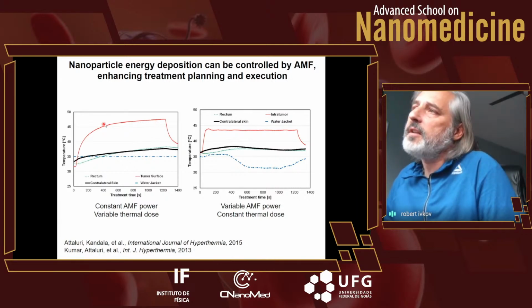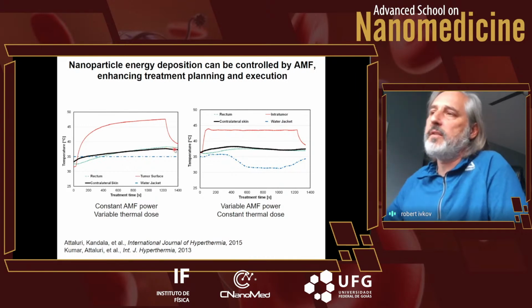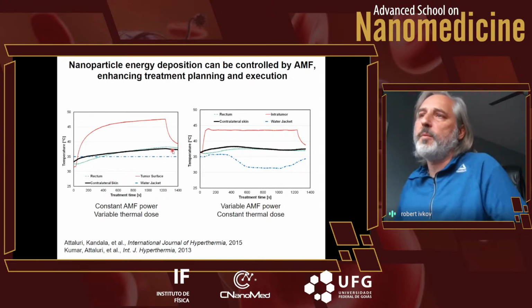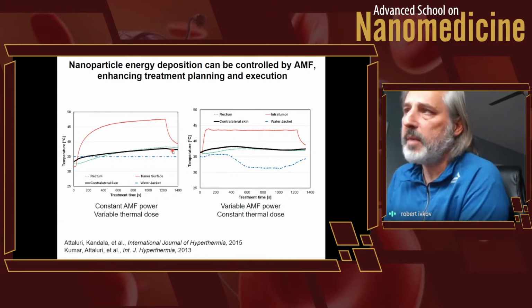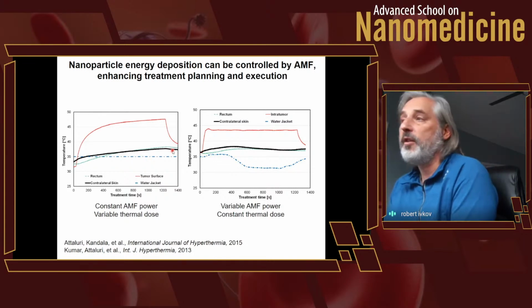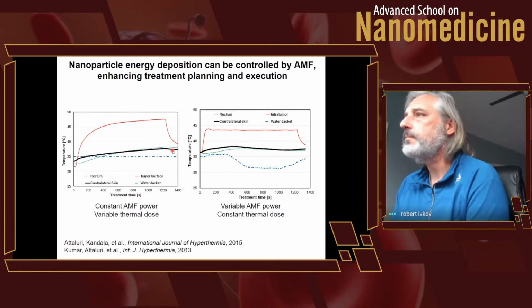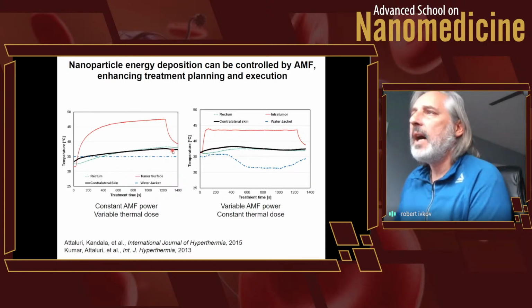Here are temperature readings from a temperature probe that was inserted inside the tumor. The black solid is from a location opposite the tumor in the skin. And then we also measured the rectal temperature of the mouse, because we want to monitor and make sure that the mouse doesn't overheat, and I'll talk about that in a little more detail later.